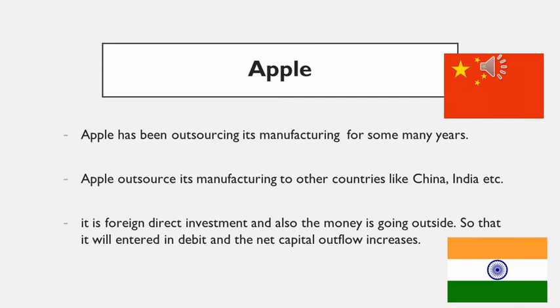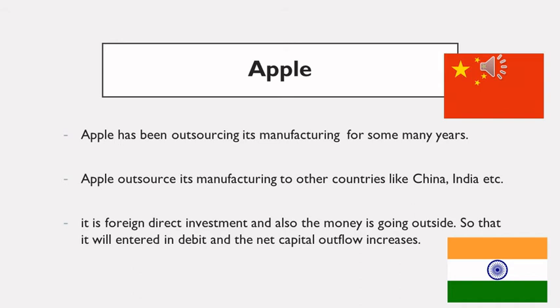Apple has been outsourcing its manufacturing for so many years. The reason why they want to outsource their manufacturing to other countries is because they want to reduce the cost and also have the ability to focus on their core business goals and planning, so that they can design a better iPhone or maybe other products for people.